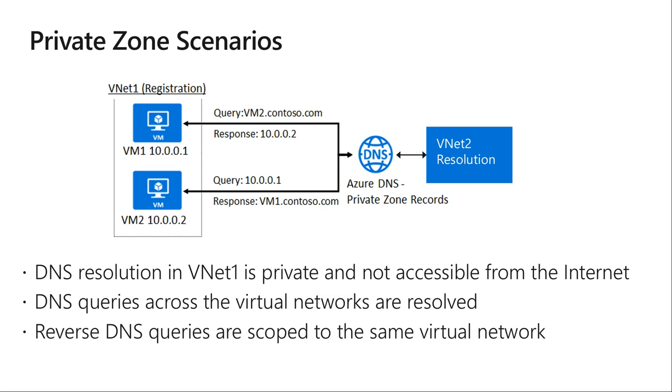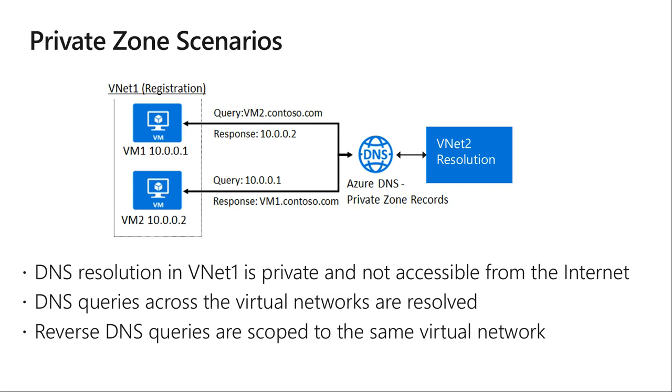So in the scenario we discussed, the virtual network contains two VMs, VM1 and VM2. Each of these VMs has a private IP. If you create a private zone named contoso.com, and link the virtual network as a registration virtual network, Azure DNS will automatically create two A records in the zone.